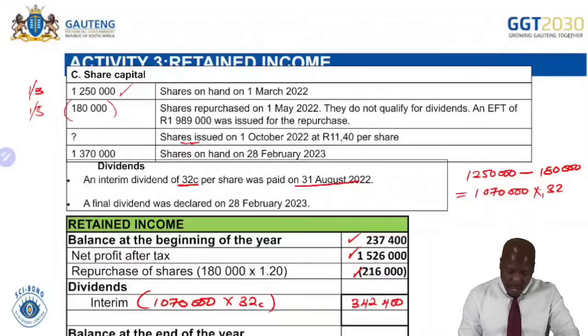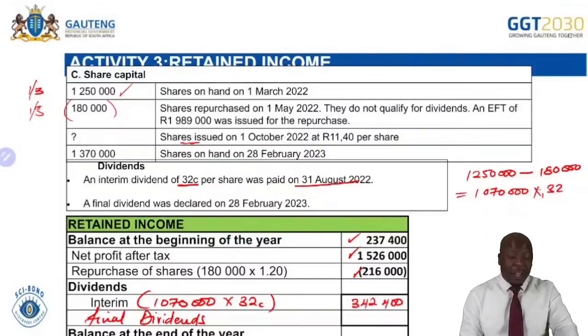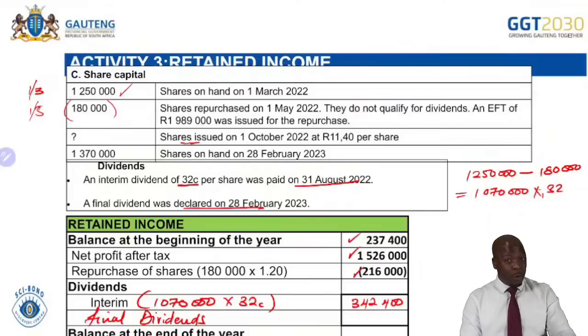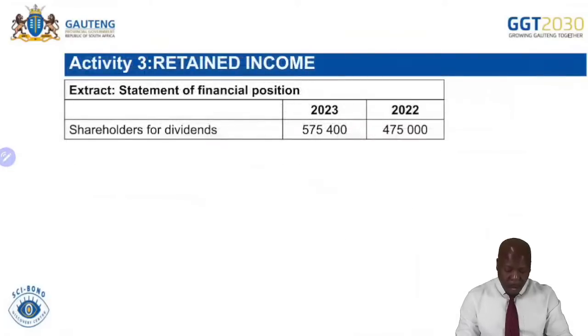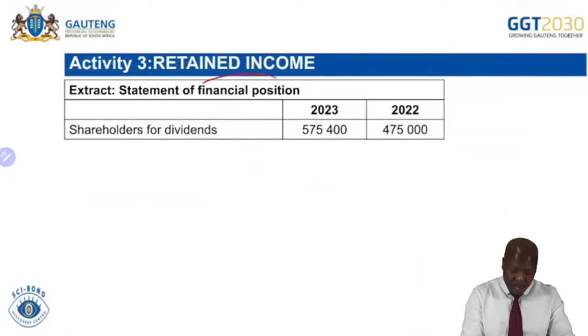All right. The next aspect that we need to get is the final dividends. The exciting part about the final dividends is they told us that a final dividend was declared. Are they paid? No, declared. Remember, these are your liabilities, so if I look for them, I would find them in the statement of financial position.